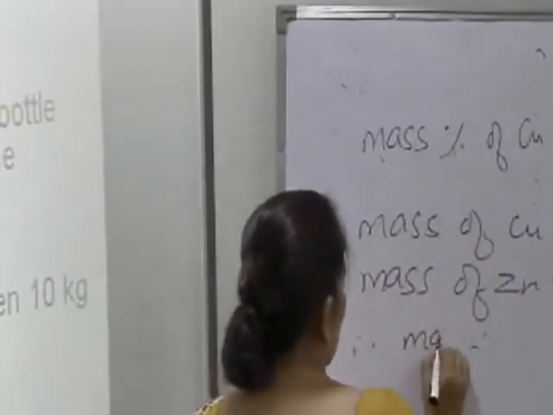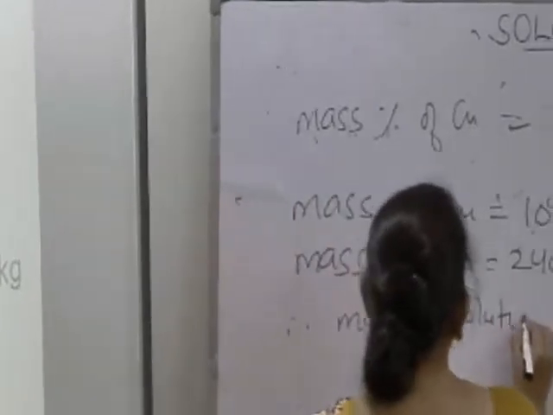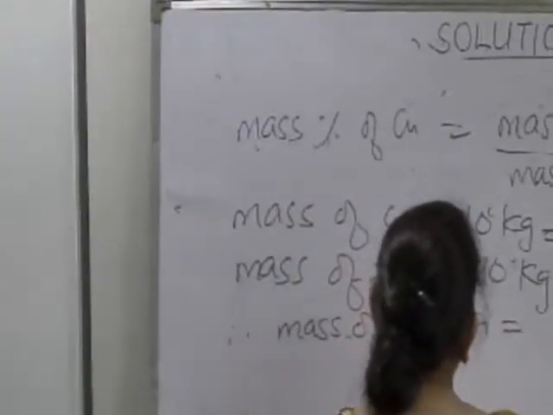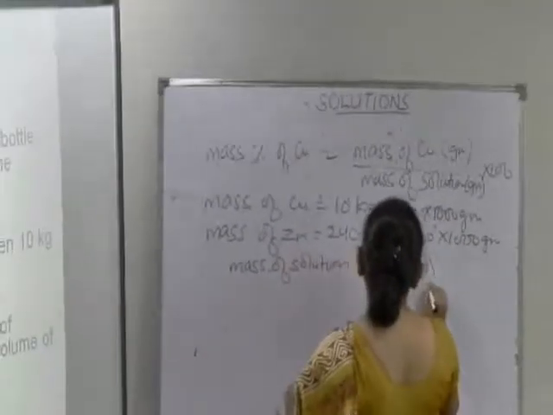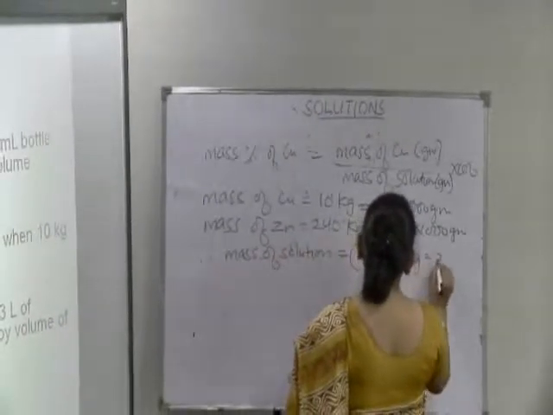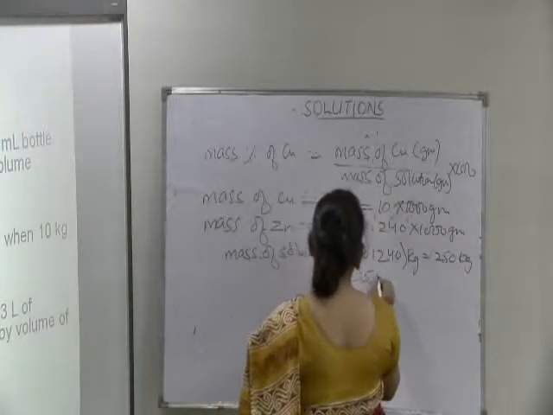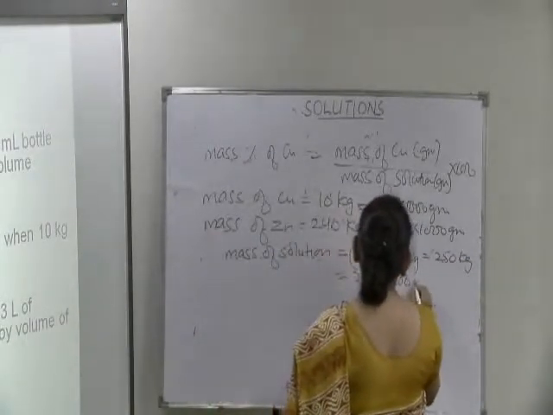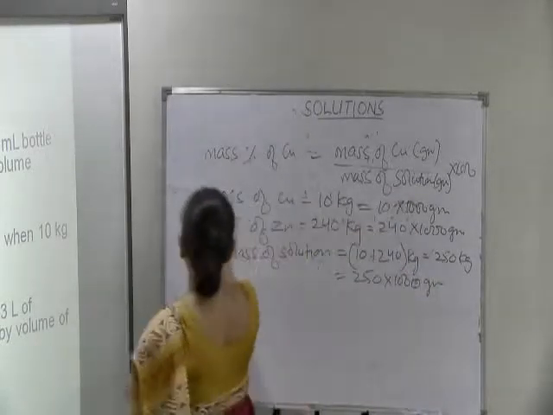Therefore, the mass of the solution formed by mixing zinc and copper will be 10 plus 240 kg, that is equal to 250 kg, or we can also rewrite it as 250 into 1000 grams. Now let's substitute these values.